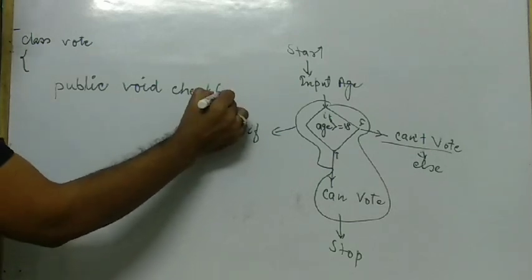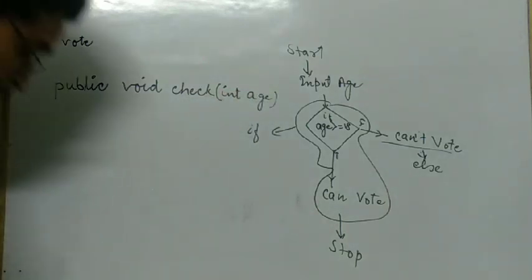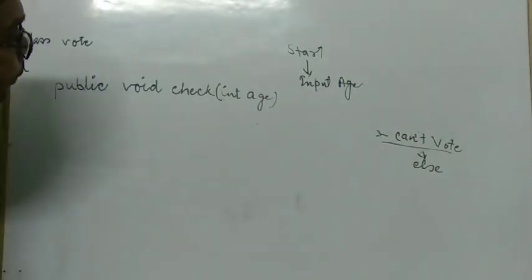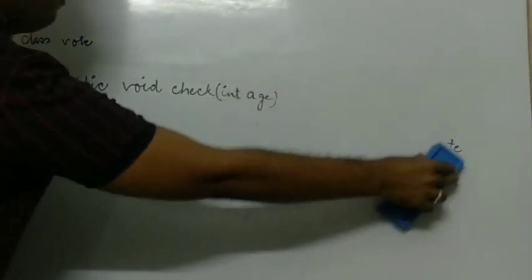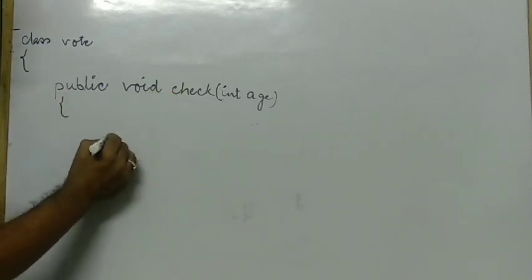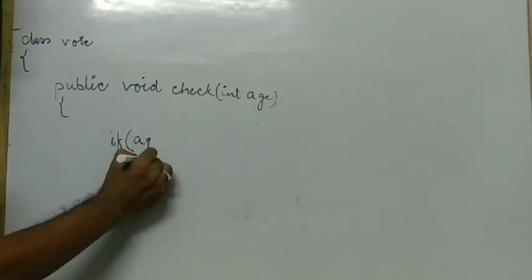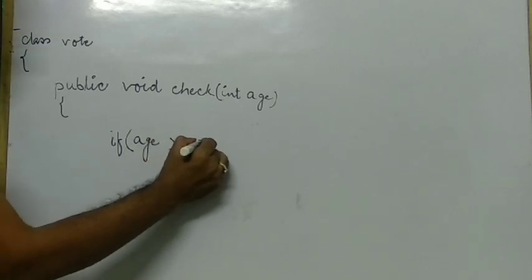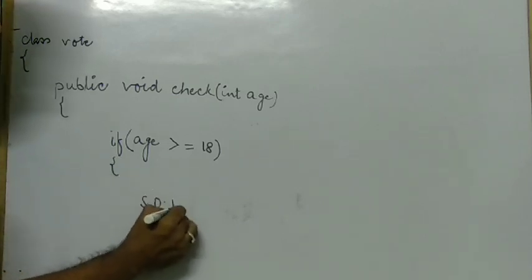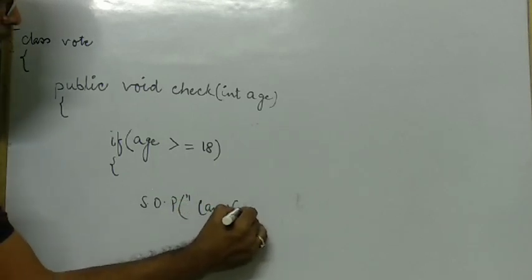Here int age. Then directly what we have to check: if age is greater than or equal to 18, then System.out.print can vote.